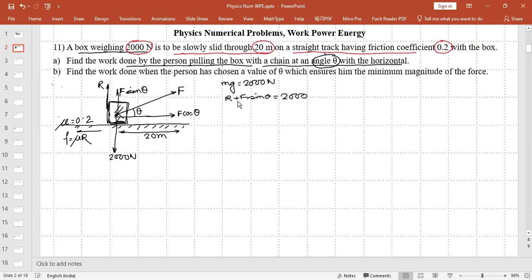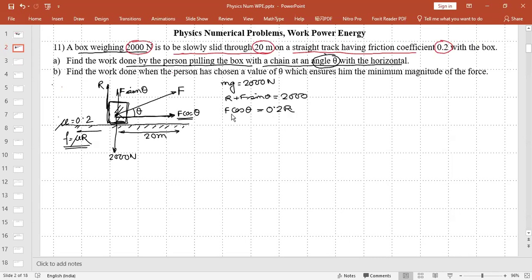Right? This is one equation. In another equation, we find that there is a horizontal force F cos theta in this direction, and a force F equal to mu R in the opposite direction. So we write F cos theta has to be mu, which is given as 0.2, times the reaction R. Right?